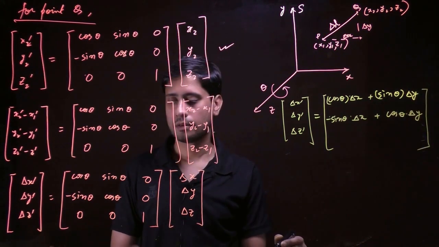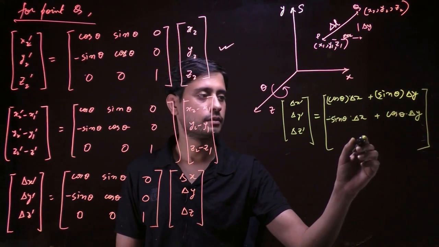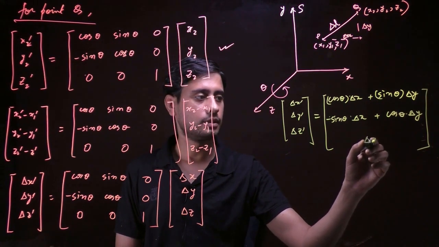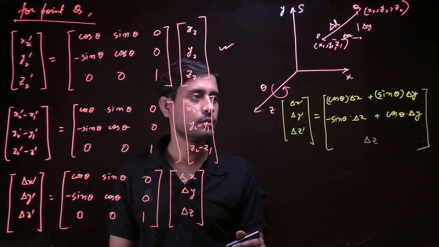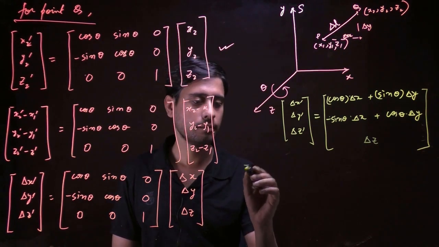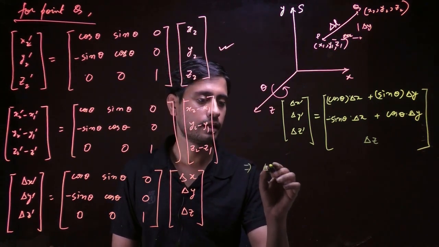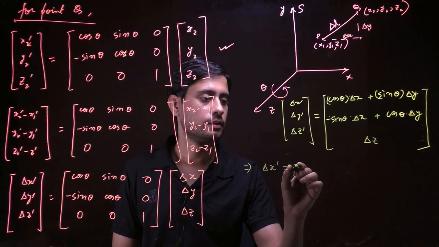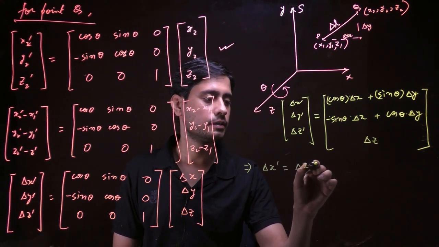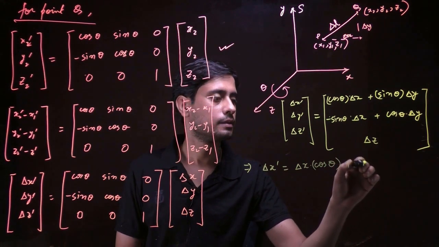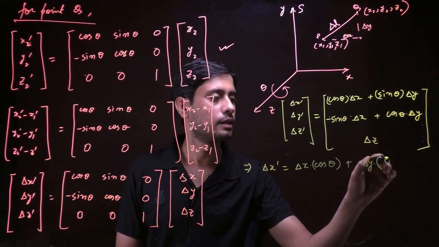Similarly, for the third you will get delta z only. So we have delta x prime equals delta x into cos theta plus delta y into sin theta.